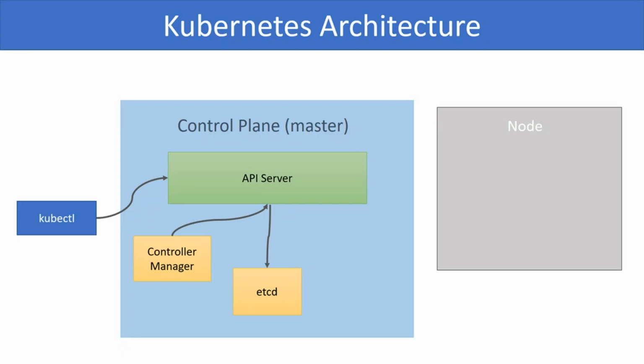The controller manager is a single binary that includes multiple controllers, such as the node controller, which manages various aspects of the nodes, such as responding when the nodes go down; the replication controller, which maintains the number of pods as specified in the replication controller object; the endpoints controller, which creates the endpoint object that joins services to pods; and the service account and token controllers, which create the default account.